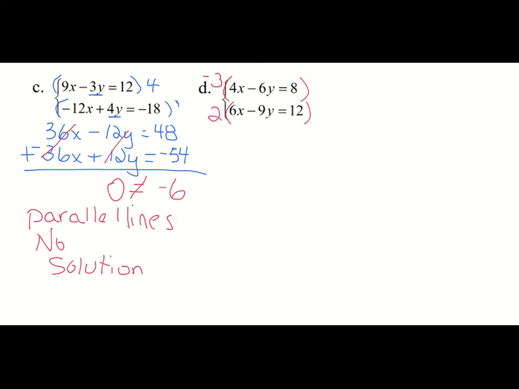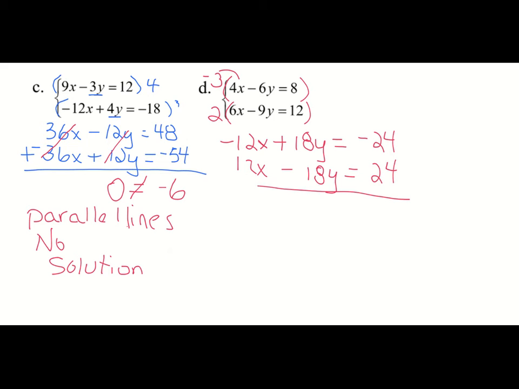So when I do that, I get negative 12x plus 18y equals negative 24. And then on the bottom, I get 12x minus 18y equals positive 24. All right, so this one, similar to the other one, when I add them together, my 12s cancel out, my 18s cancel out, so that leaves me with 0 on this side.